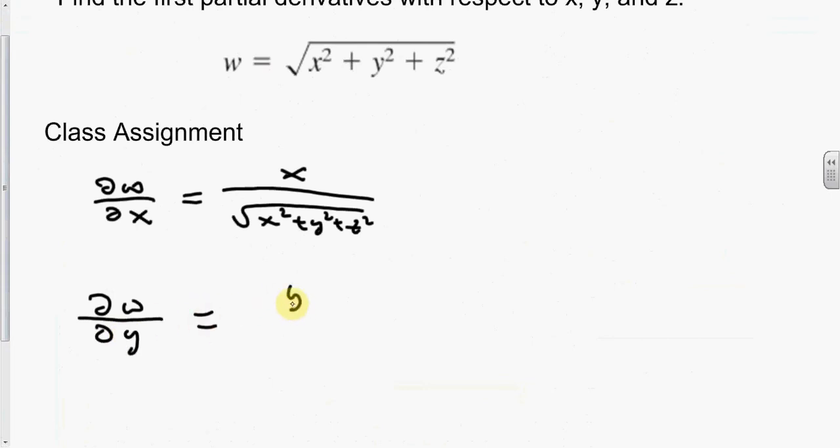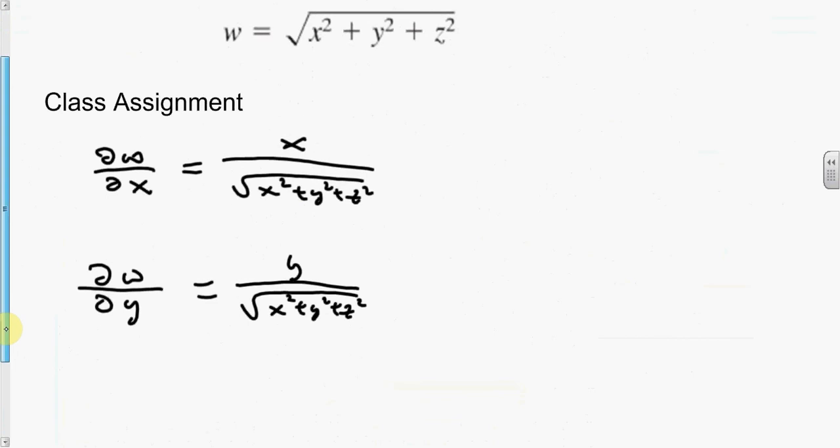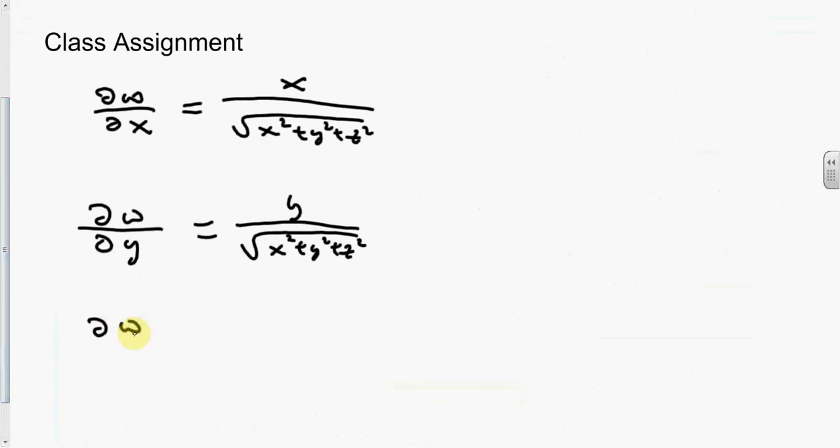That's just y over the square root. The partial of w with respect to z, same format. Okay. Is everybody good with that? Good.